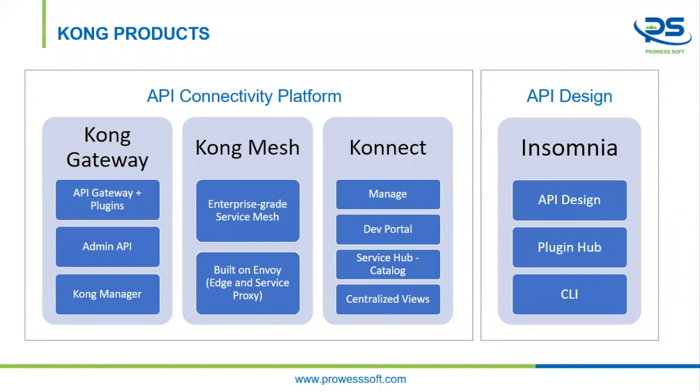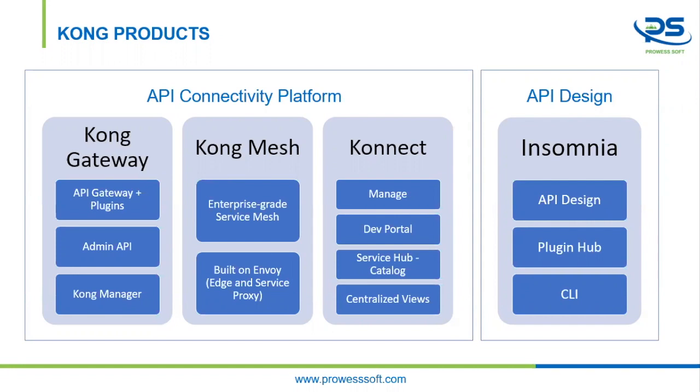The third component that you see on the API connectivity platform is the Connect with a K. It has a host of components that help manage the API ecosystem in an enterprise. It helps with the management of the overall API ecosystem and provides a dev portal.